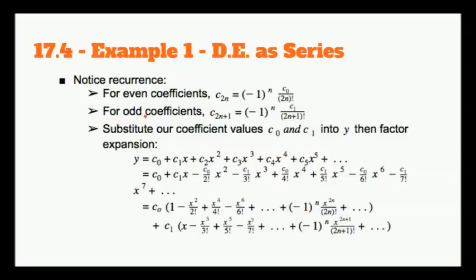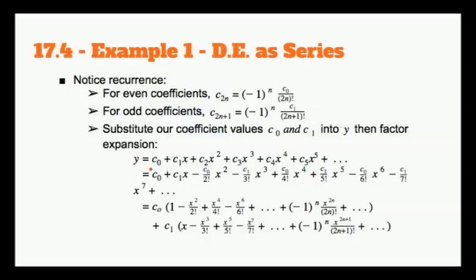For odd coefficient, we get c2n+1 equals negative 1 to the nth power times c1 over 2n plus 1 factorial. Now we substitute our coefficient values c0 and c1 into y, then factor the expansion.